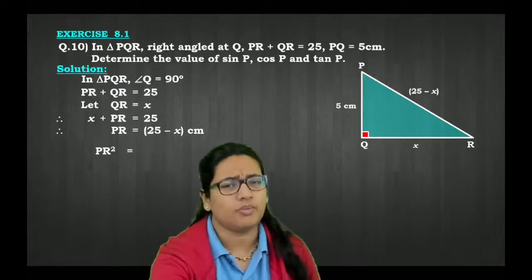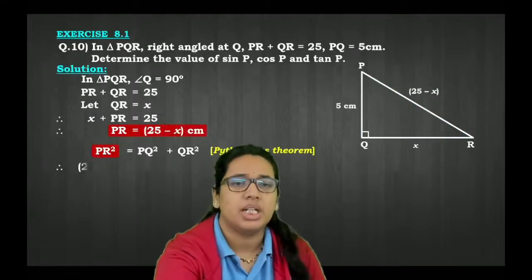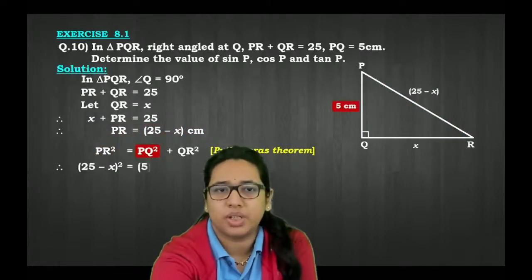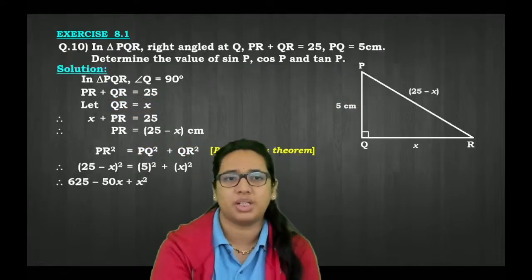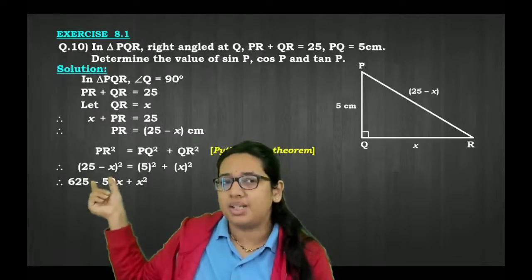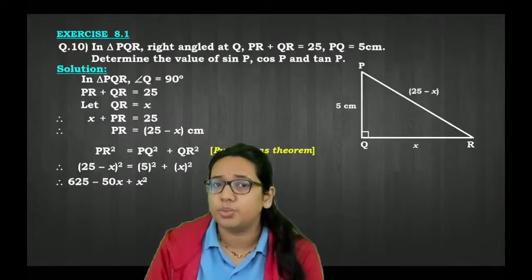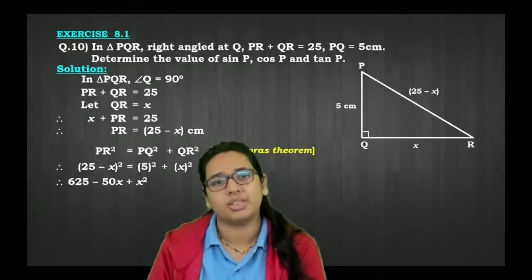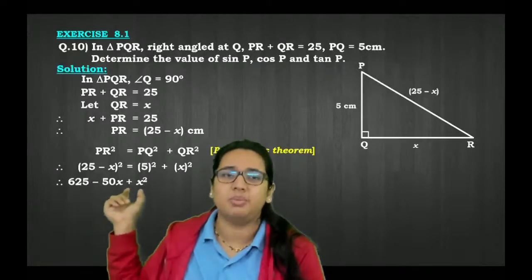So applying Pythagoras theorem to it, we can say that PR square equals PQ square plus QR square. But ये कुछ मिल रहा है आपको A minus B bracket square के फॉर्म में, and you know what is the formula for A minus B whole bracket square? A square minus twice AB plus B square.